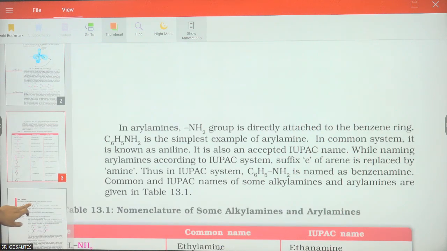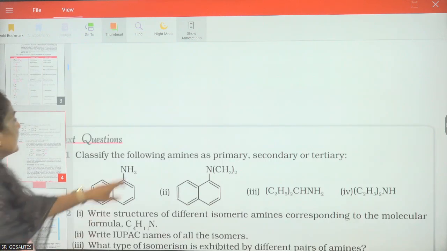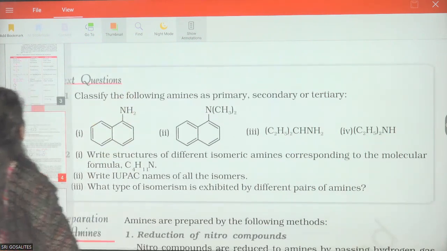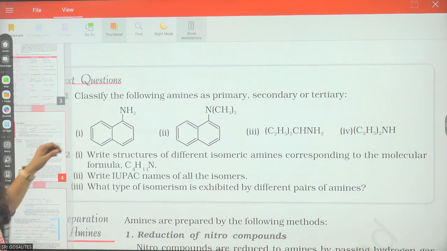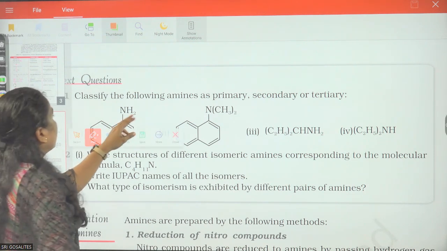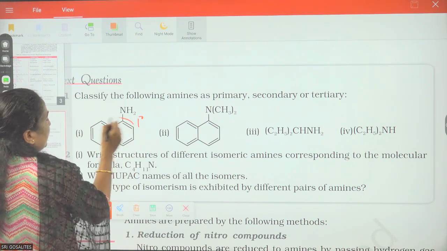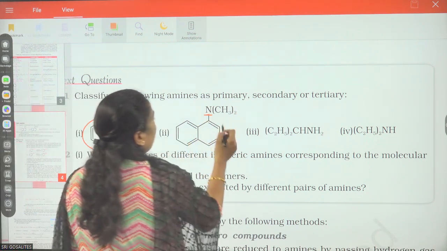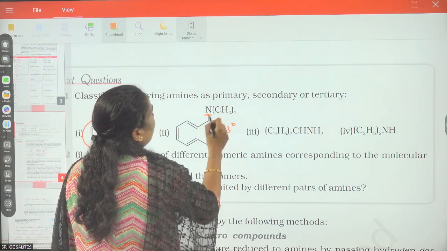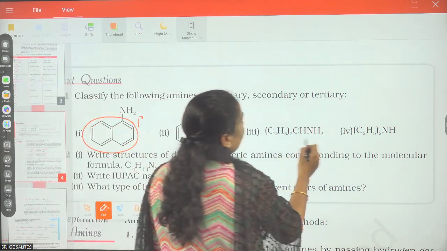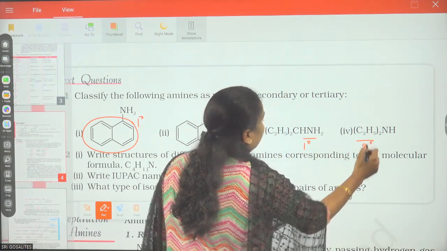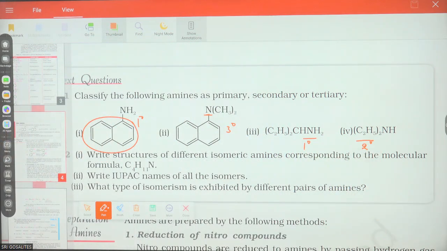Okay. And you're able to identify which one is primary, which one is secondary here. With amines, you just need to look for how many carbon containing groups are attached. So here it will be primary only because there is only one carbon containing group. It is again going to be tertiary because we are having three carbon containing groups. Here it is going to be primary and here it is going to be secondary. Okay. So you should be able to do that.